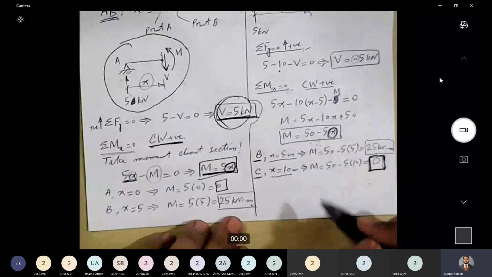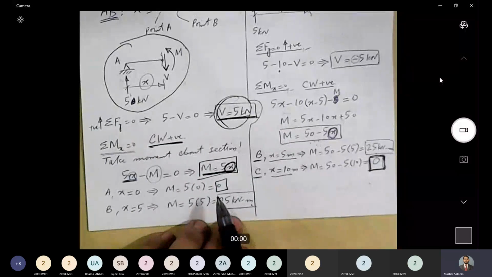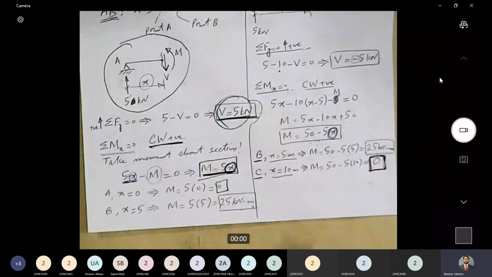Is this logical? Yes, because at point A and at point C we have roller and hinge supports, and we know that at hinge support and at roller support there can be no bending moment. That's why we got 0 values.